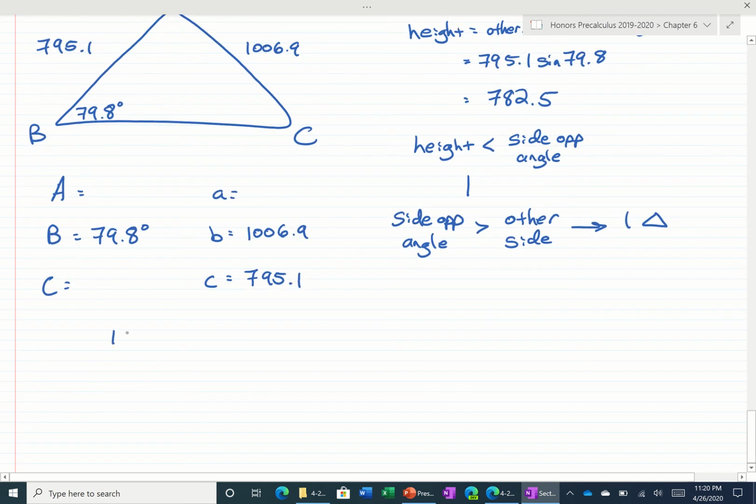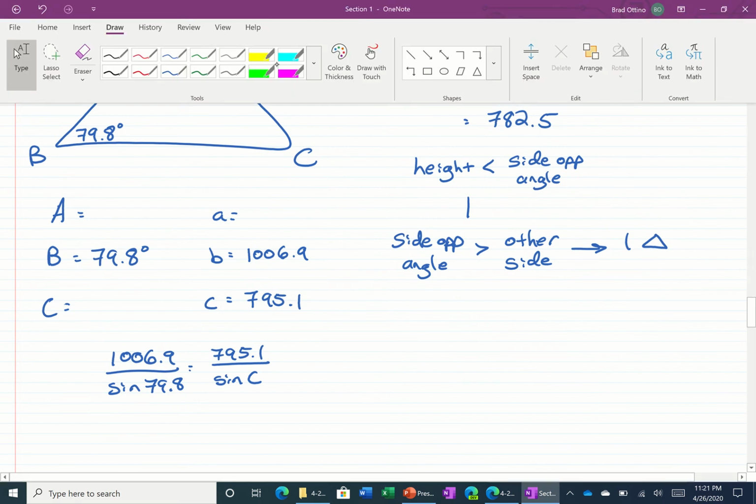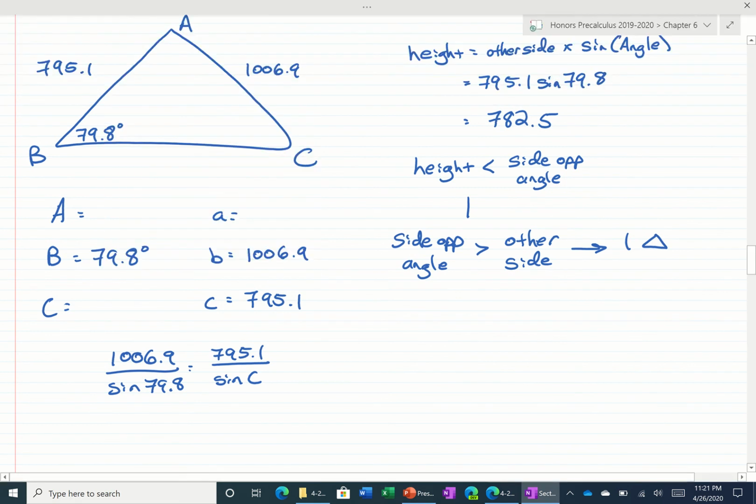Okay, so let's do this. 1006.9 over the sine of angle B equals 795.1 over the sine of angle C. And I'm getting that angle C is equal to 51 degrees.